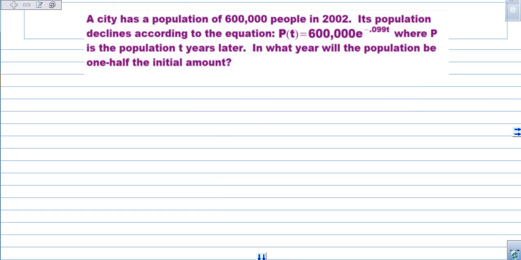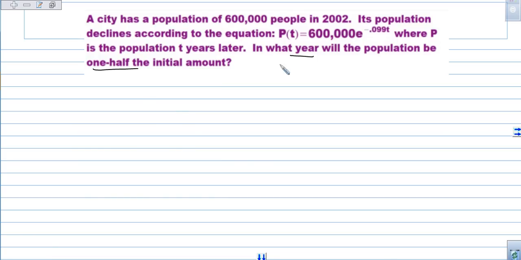So it's your turn. Actually, it's our turn. This is looking at, you're given the formula and you want to figure out the year that it's going to be half the initial amount. Okay, so we know it's going down because this is kind of like a decay. You see the negative, that's how you would do the decay continuous function.